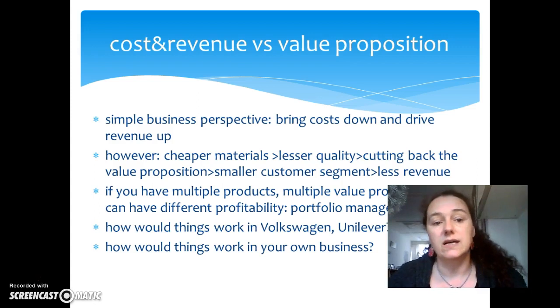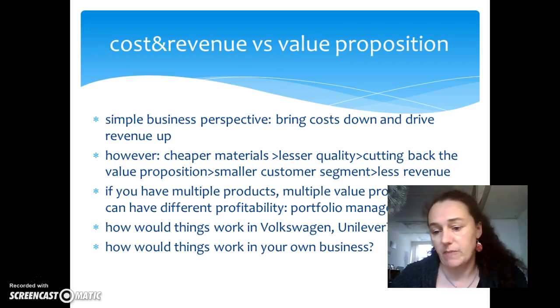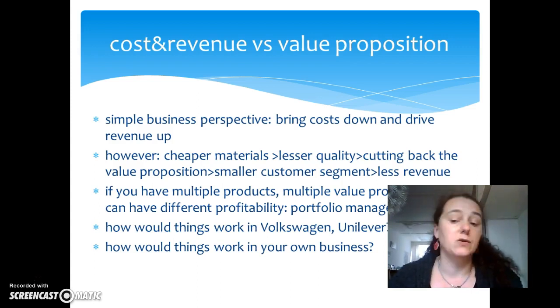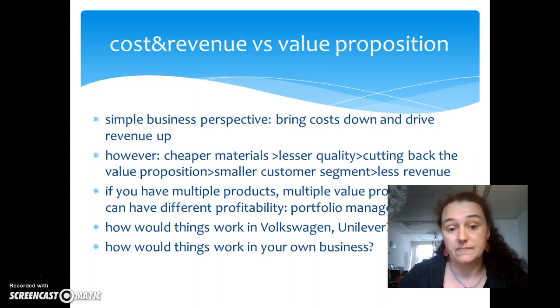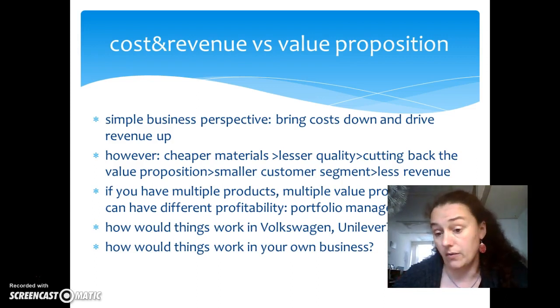But overall, if you look at revenue, again, of course, related to cost and the value proposition, in a very simple business perspective, you would say, well, to make a profit, you have to bring costs down and drive the revenue up. However, if within a given value proposition you say, well, how can we do that?